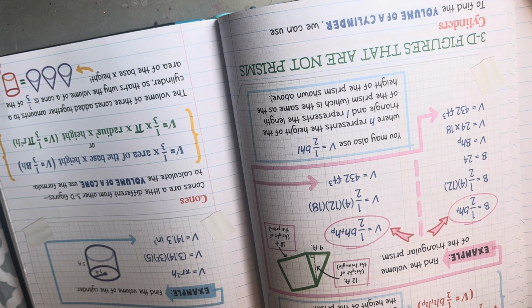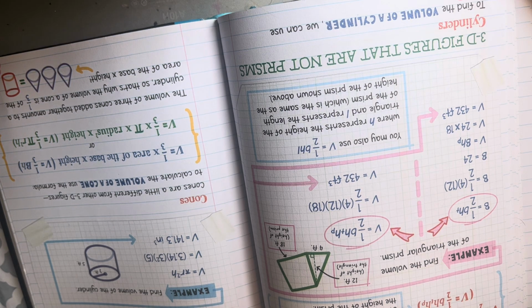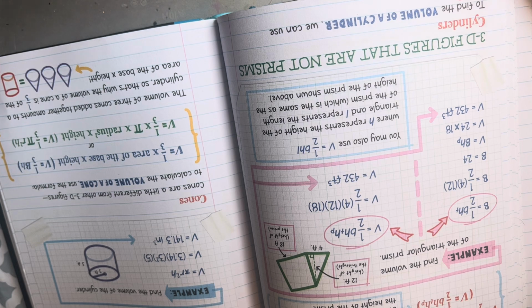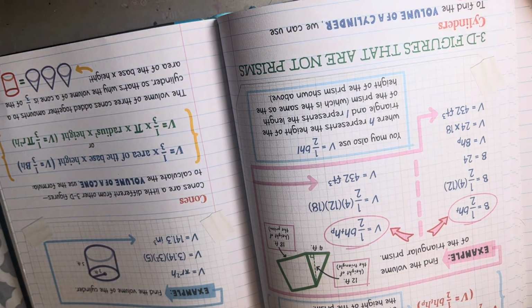So cylinders. To find the volume of a cylinder, we can use V equals base times height, or V equals pi times r to the power of 2 times height.